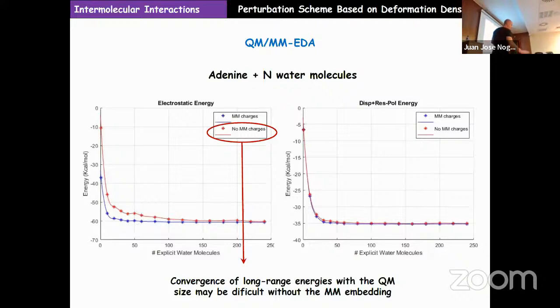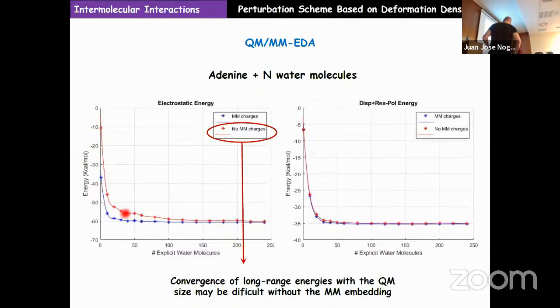This is an example finished now of how important it is to use hybrid methods in the energy decomposition analysis. This is a comparison of the electrostatic energy and the dispersion energy for adenine solvated by N water molecules. We are going from 0 to 250 water molecules in the QM region.